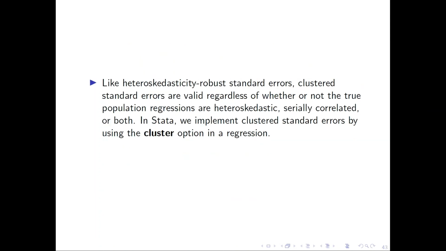The good thing about clustered standard errors is that they give you the correct standard errors to use, which means that if you get a beta hat from a sample, then you can create the correct confidence interval, a 95% confidence interval, for example.